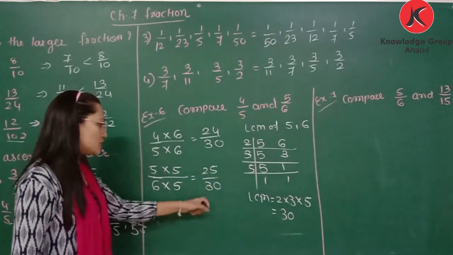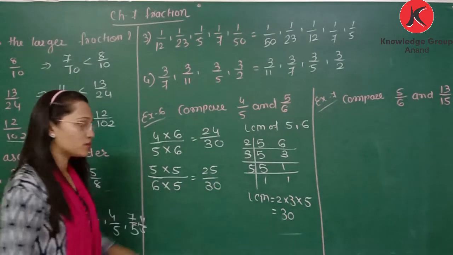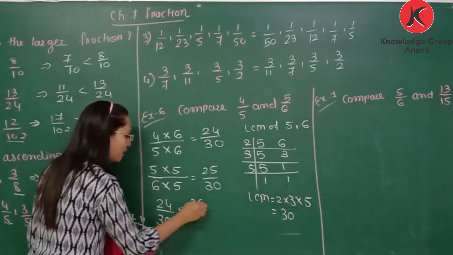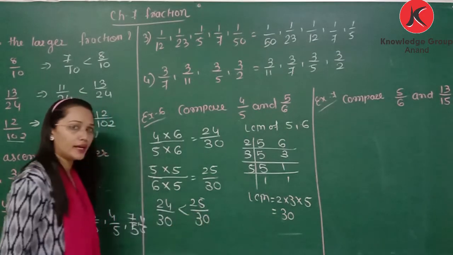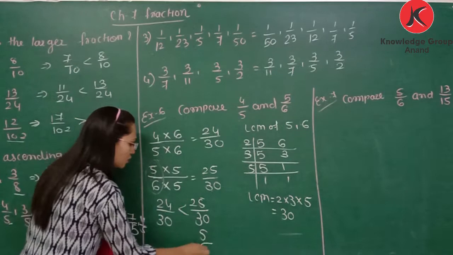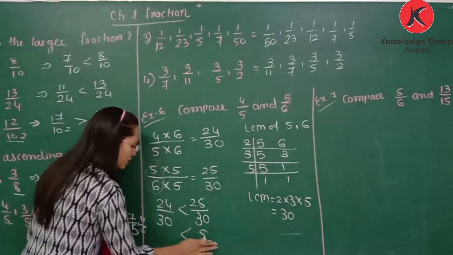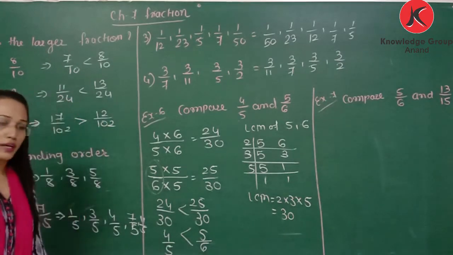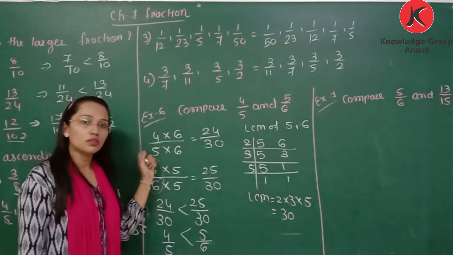Now you can see the denominator is the same, so which one is greater? 25 by 30 is greater. But what is 25 by 30? It is 5 by 6. So 5 by 6 is greater than 4 by 5. Clear?